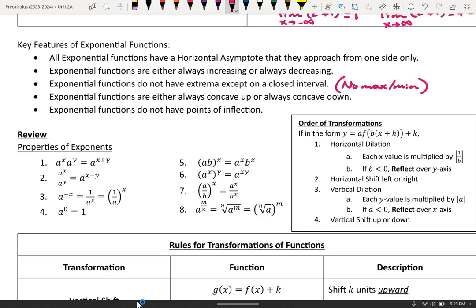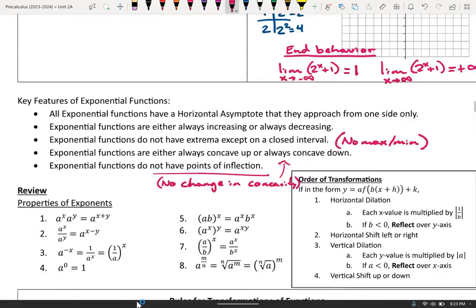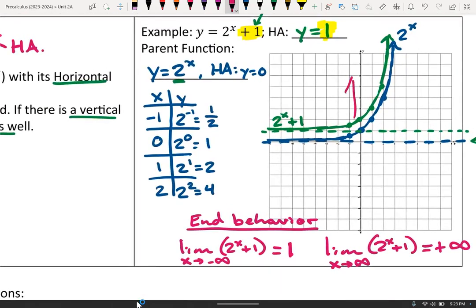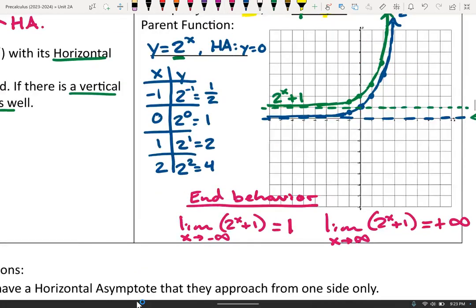So if there is no change in concavity, then they have no points of inflection, which again is what we mean by either always being concave up or concave down. If we look again at the problem that we have up here, this is definitely a concave up problem. So always concave up.